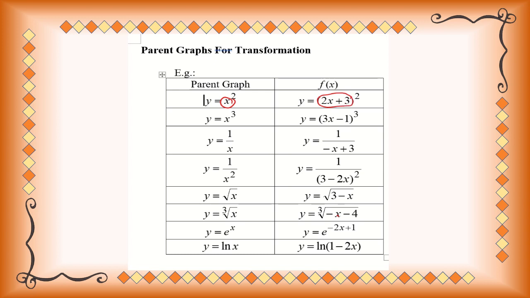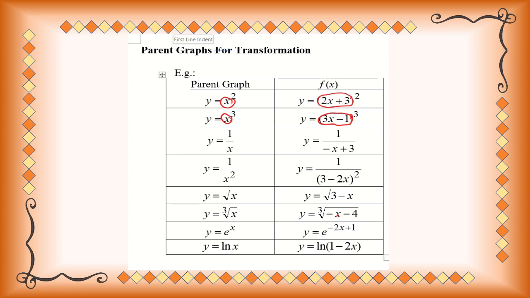Then y equals x cubed is the parent graph for y equals (3x plus 1) cubed, because initially the x is now transformed to 3x plus 1.